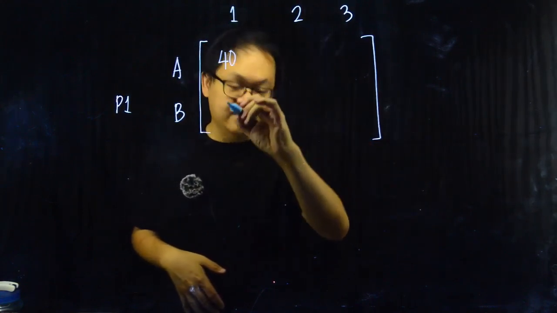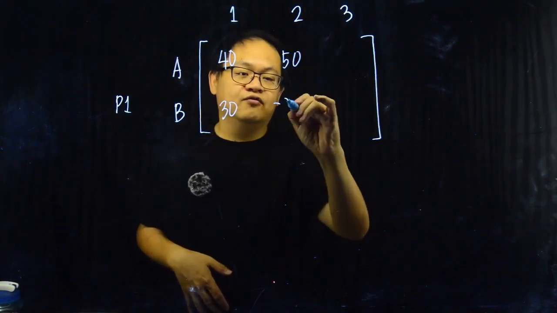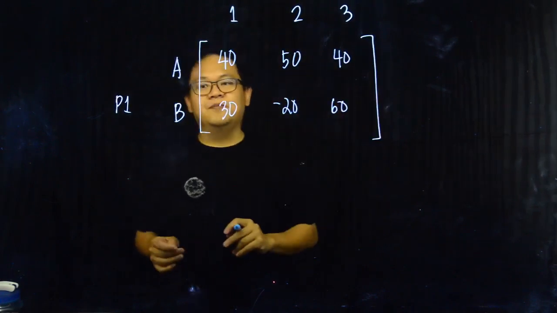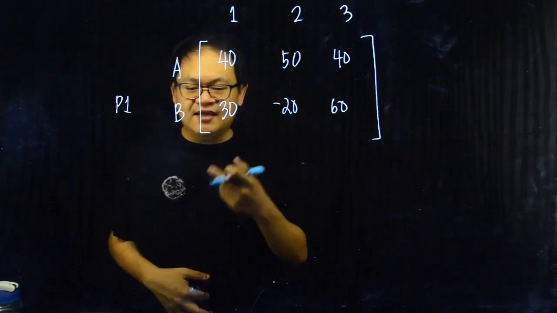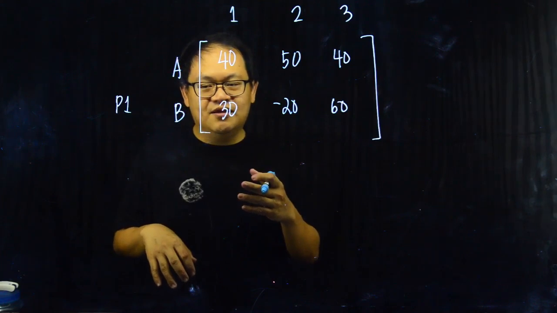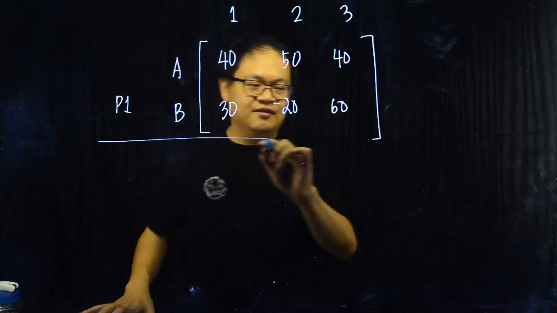This is 40, 30, 50, negative 20, and 40, 60. Okay? Now, just for the sake of this example, let's say we will also like to see the payoff table in the point of view of player 2. So let's have that below.